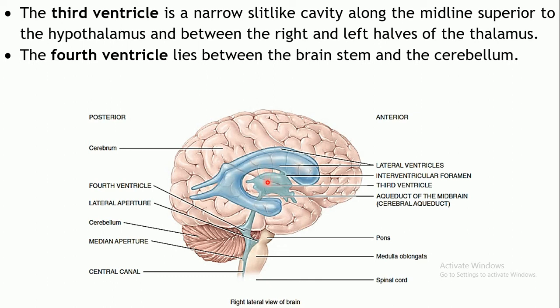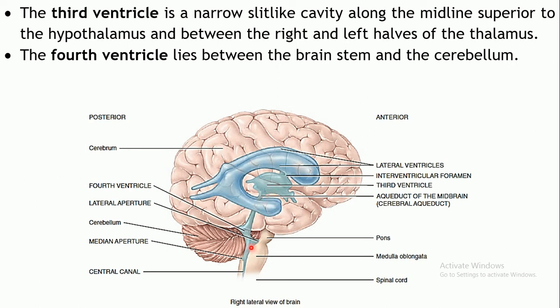So this is a narrow slit-like cavity along the midline, just superior to the hypothalamus and in between the right and the left thalamus. A small cavity is present. That's called the third ventricle.